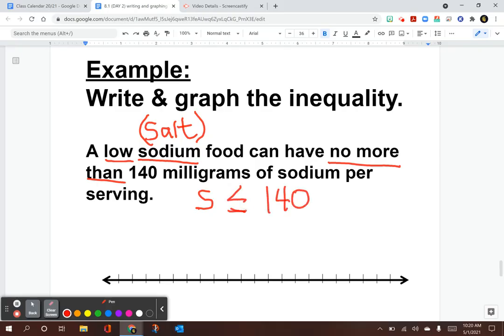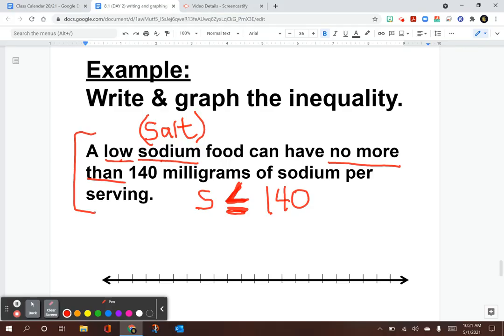It could have 140 milligrams and still be considered a low sodium food, but it could also have less than 140 sodium milligrams to be considered a low sodium food. And foods will try to label their products as low sodium as a way to show their customers, you should buy this product because it's going to be healthy for you, especially if you're watching your salt intake.